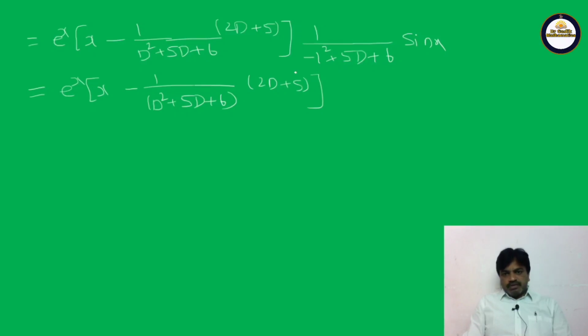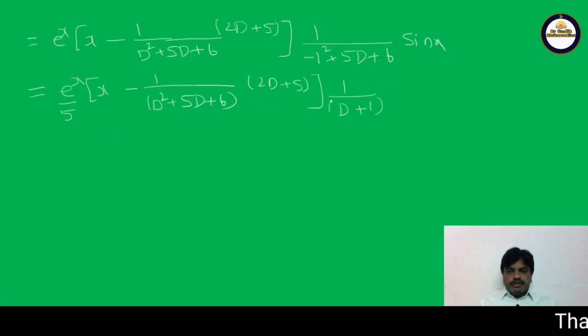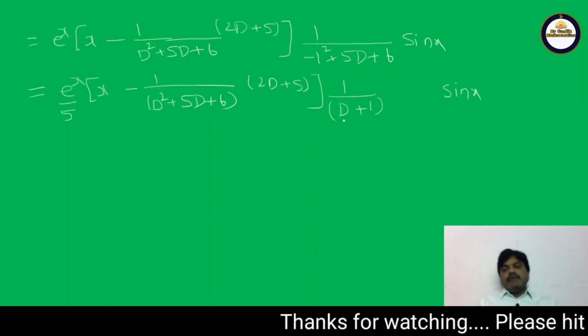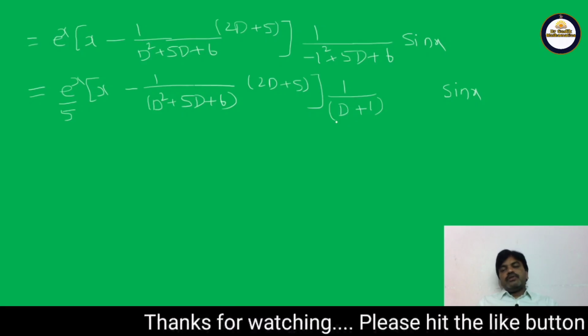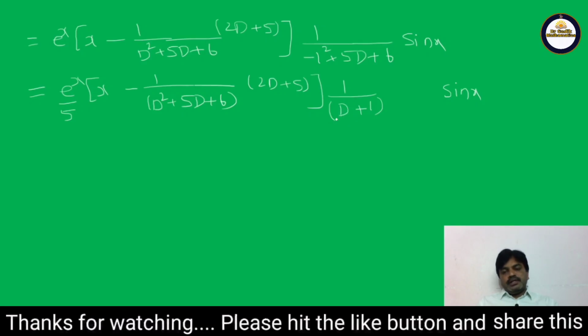So taking common 5, friends, we get here D plus 1. But we have sin x here, friends. When can we replace here, friends? Only when it has D square.